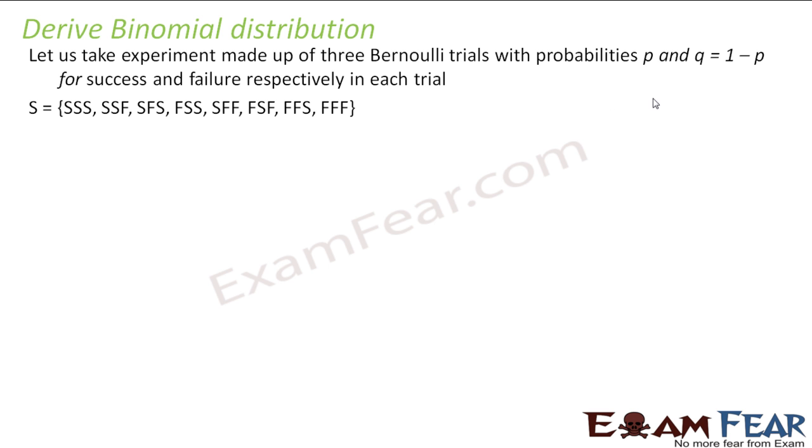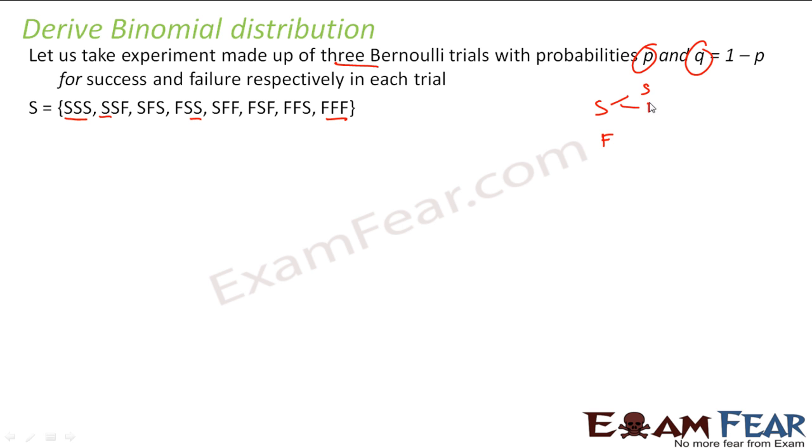Let's take an example of an experiment where we have 3 Bernoulli trials with probability P and Q for success and failure. So if you see, there is an experiment which consists of 3 Bernoulli trials. So we can have this kind of scenarios: 3 success, 0 success, right? 2 success in this fashion. I'll show you. You can have success or failure in the first try.